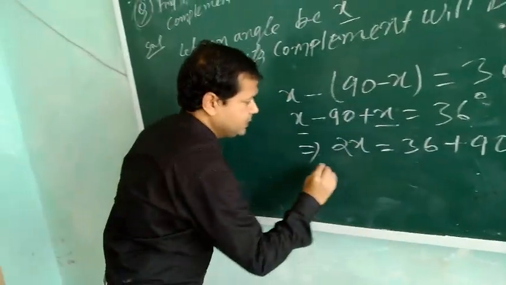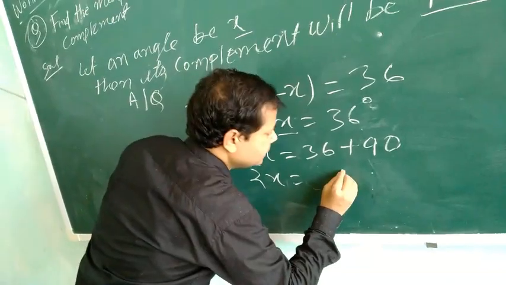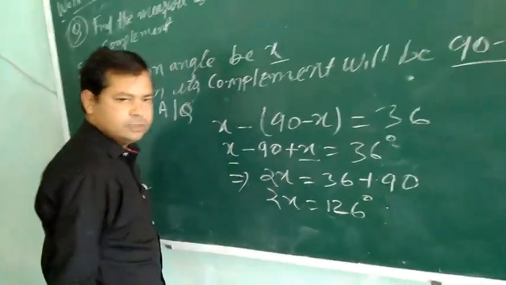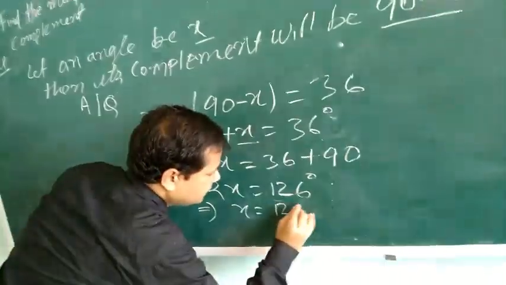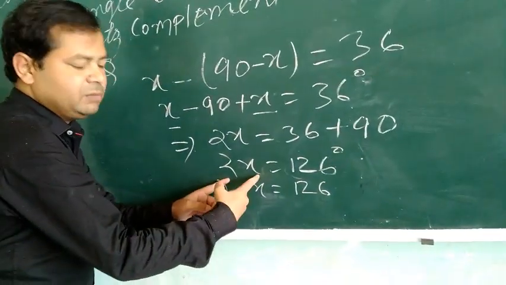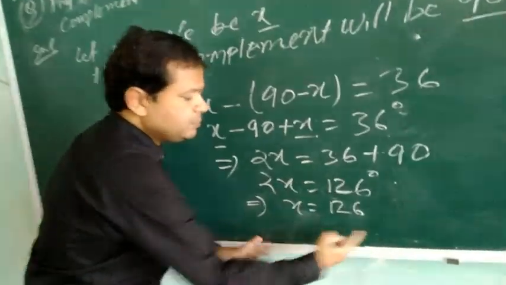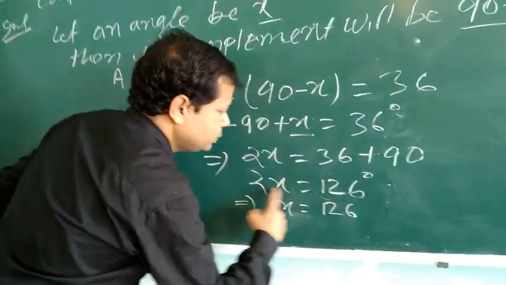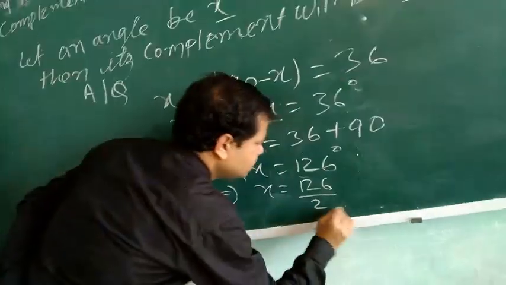So 2x equals 36 plus 90, add both of them, 126. So 2x equals 126. Since it is multiplied, if we transpose the multiplier, it becomes divide. So x equals 126 by 2.